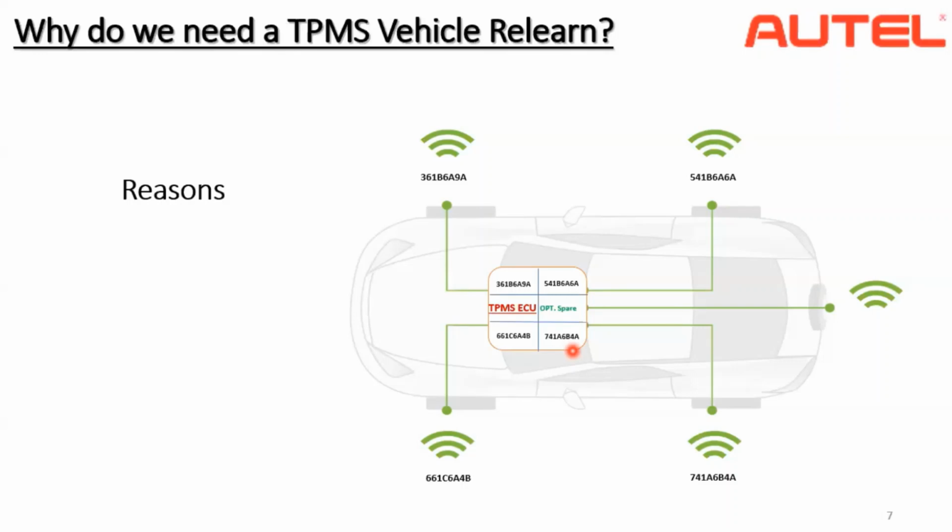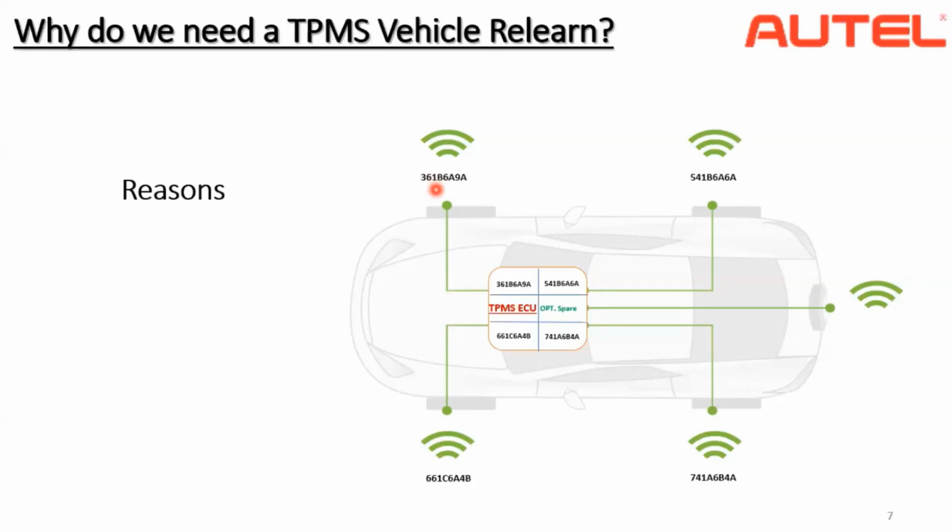Now some common terminologies you might come across while servicing a tire pressure monitoring system are TPMS relearn and sensor programming. So what is a relearn procedure? A relearn procedure refers to anytime we add a new sensor ID to a vehicle, or we change the location of the sensor ID.